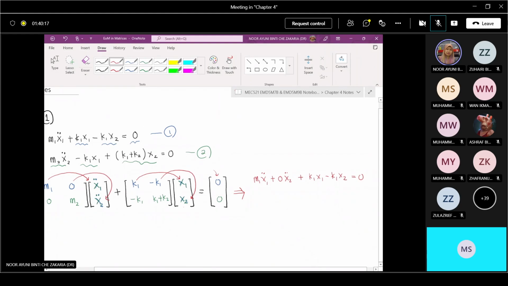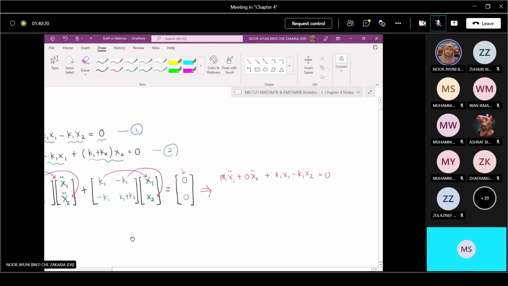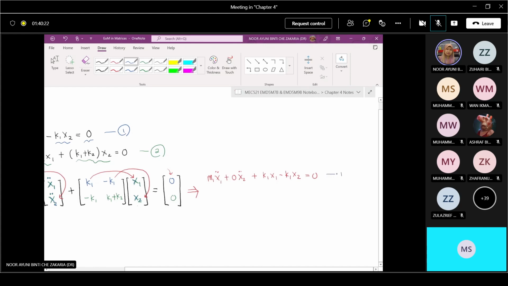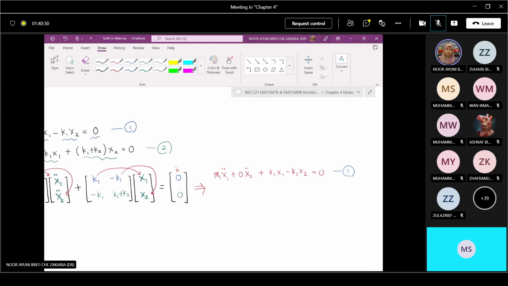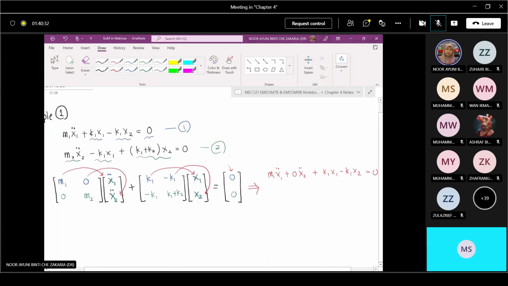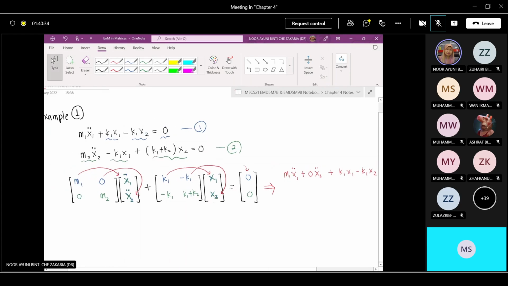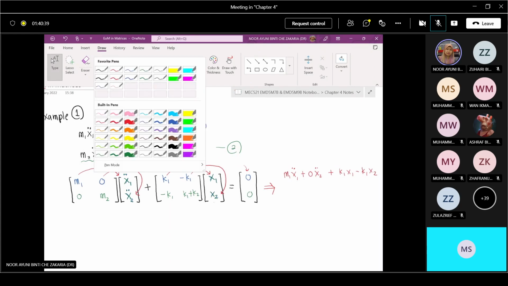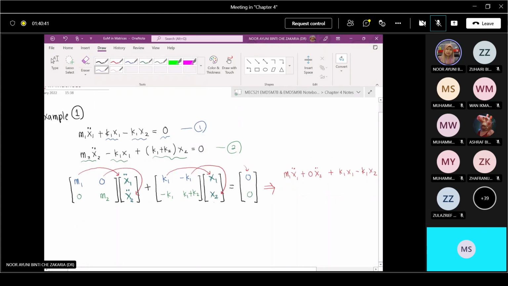Okay, check whether this is the same or not with equation 1. If you are doubting your own matrix, expand it back and then make sure you get the correct one. Okay, then we can do the same with the other one.